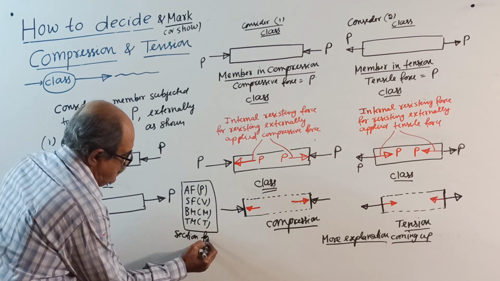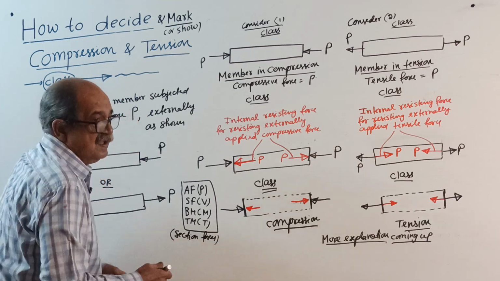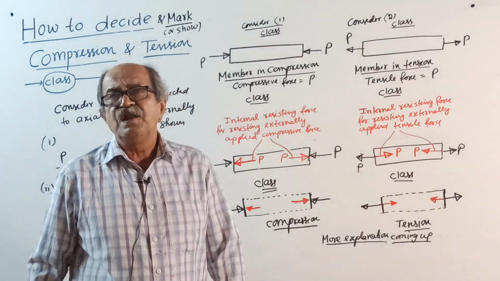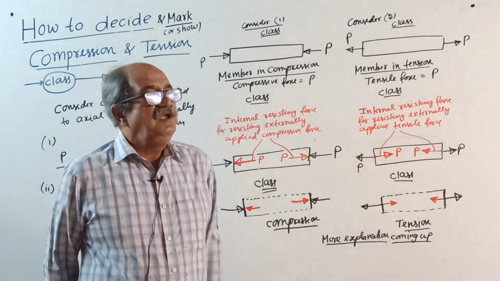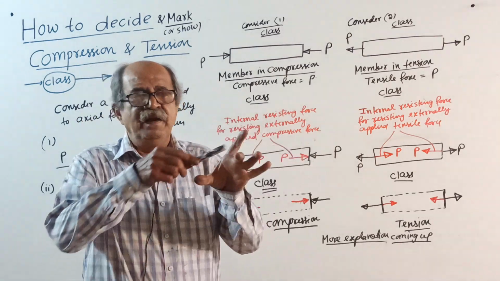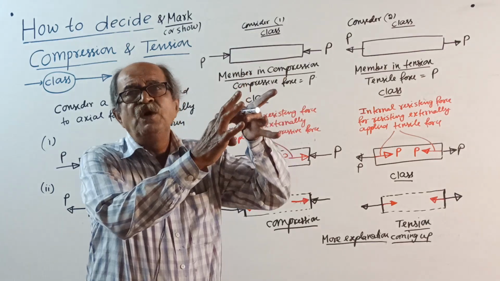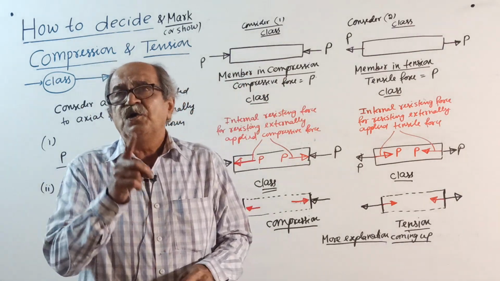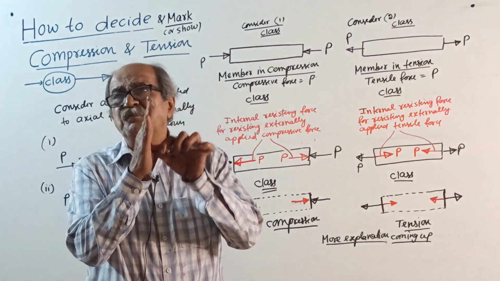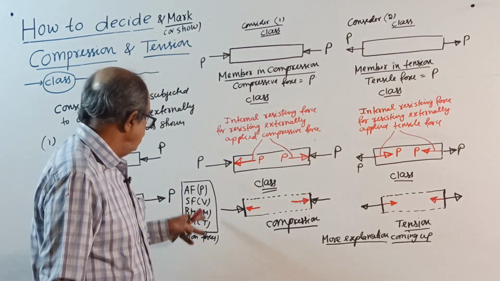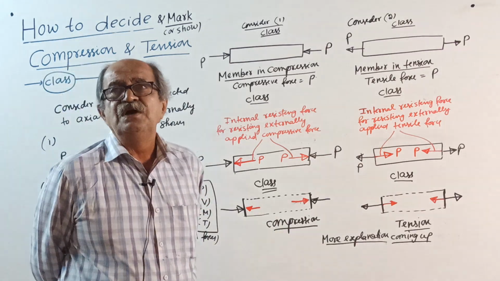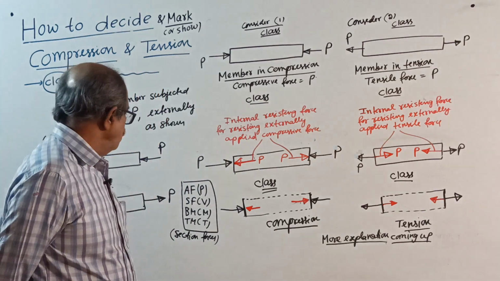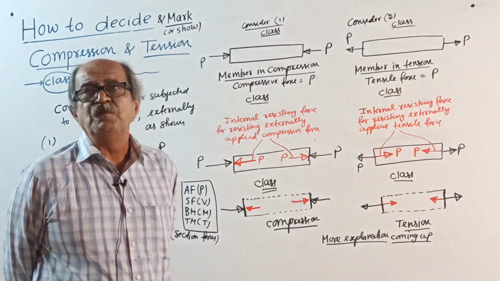Section forces. Why? Because they are resisted by the cross section. They are not transferable. If you apply a load on a member, the load is transferred to the support. But the cross section of the member is subjected to section forces. Axial force means compression or tension, shearing force, bending moment or twisting moment.